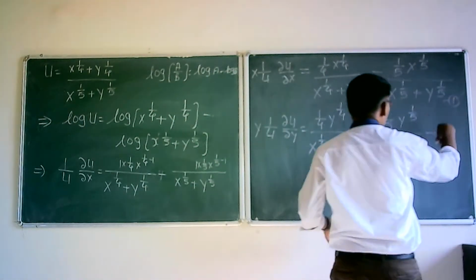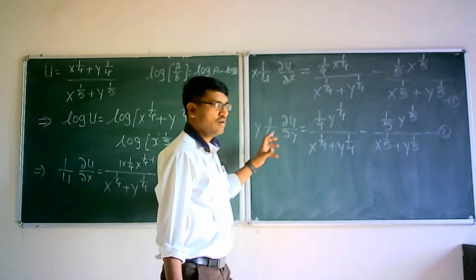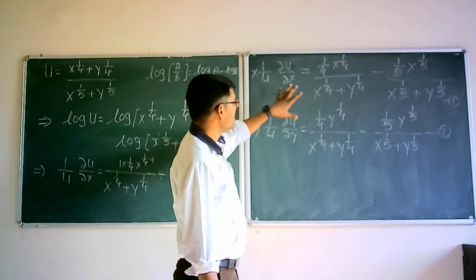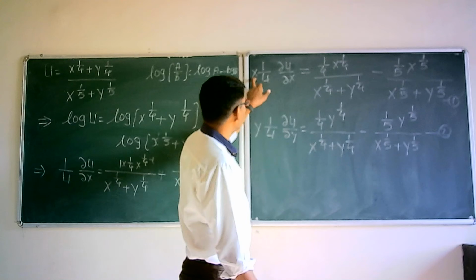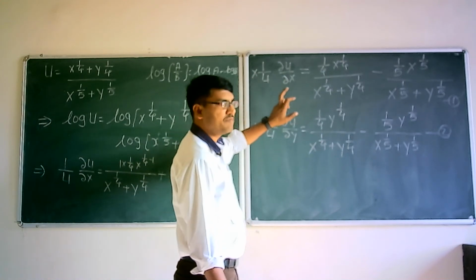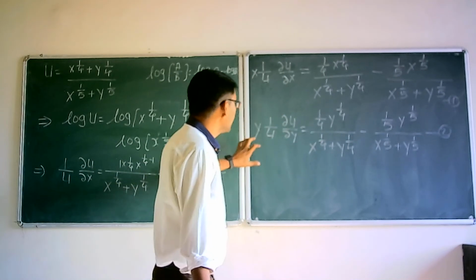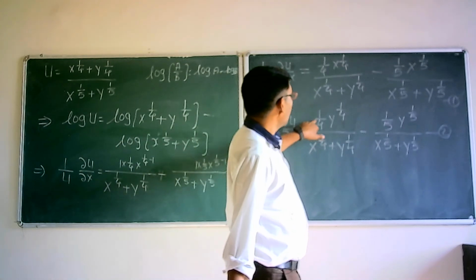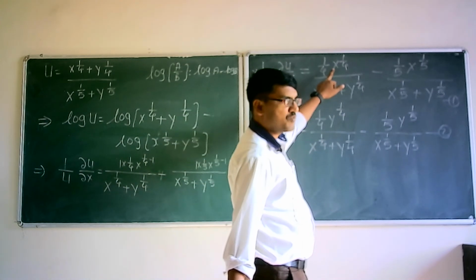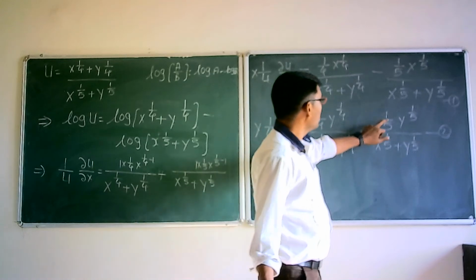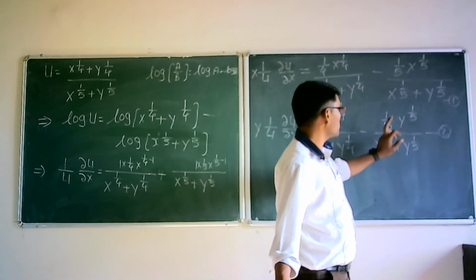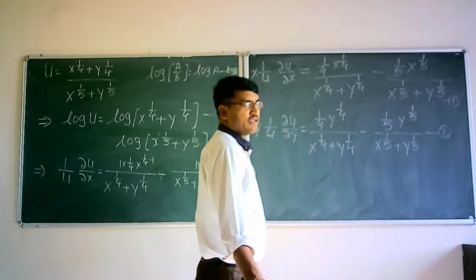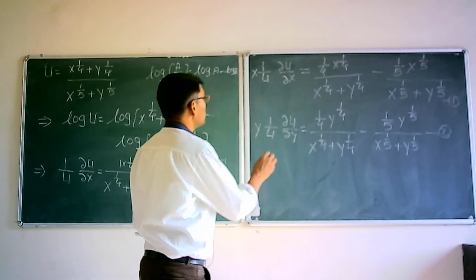Similarly, we can write this as the partial derivative with respect to x, 1 upon u del u by del x. Similarly, we can guess the partial derivative with respect to y, 1 upon u del u by del y. It is 1 by 4, y raised to 1 by 4, in place of x just put y, and again here 1 by 5, y raised to 1 by 5. The denominator term is the same.